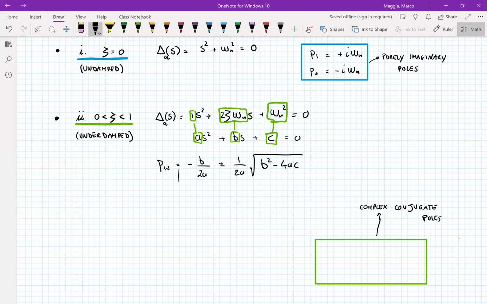So in this case, minus b is minus 2 zeta omega n, times 1 over 2a, and a is equal to 1. So we simply have minus zeta times omega n plus or minus 1/2 square root of 4 zeta squared omega n squared minus 4 omega n squared.